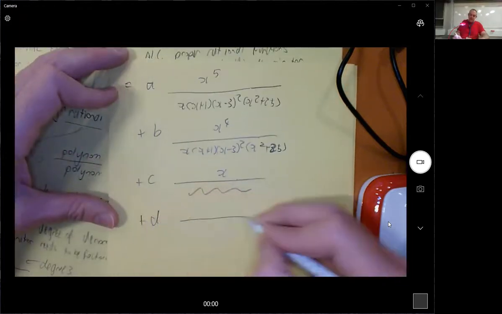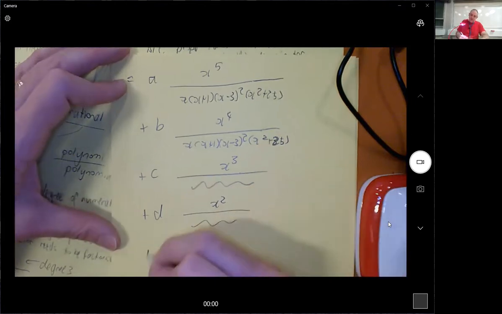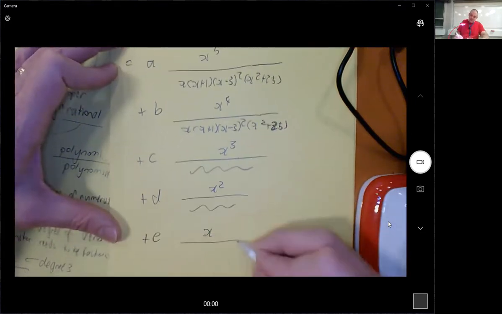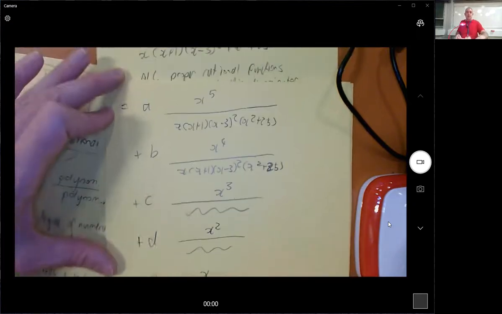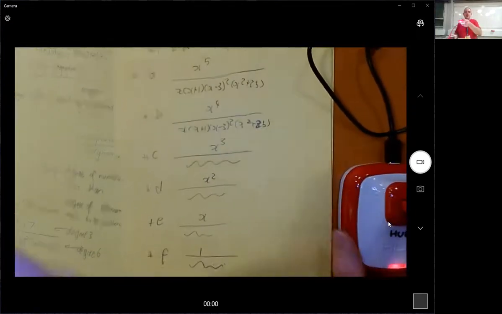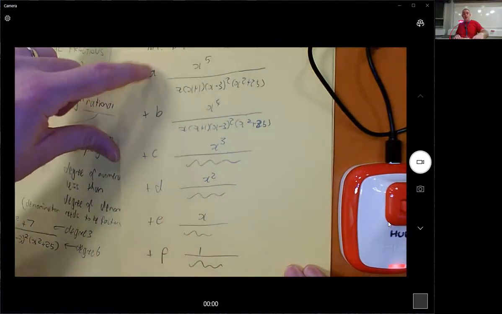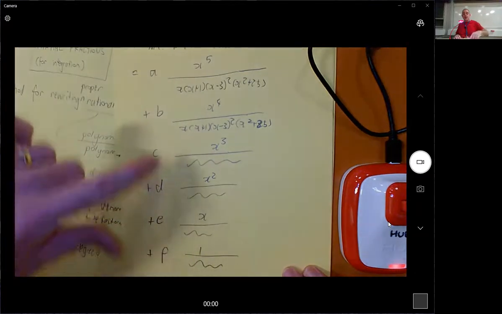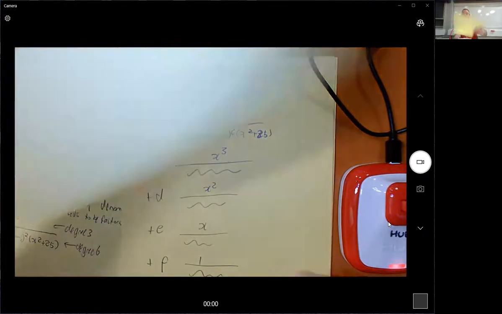Plus D, lots of this. Oh, that's a cubed. D, lots of this. Plus E, lots of this. Plus F, lots of this. These are 5 separate functions, and when I combine them with multiplying them by constants and adding them together, I'm capable of producing all the proper rational functions that have this denominator.